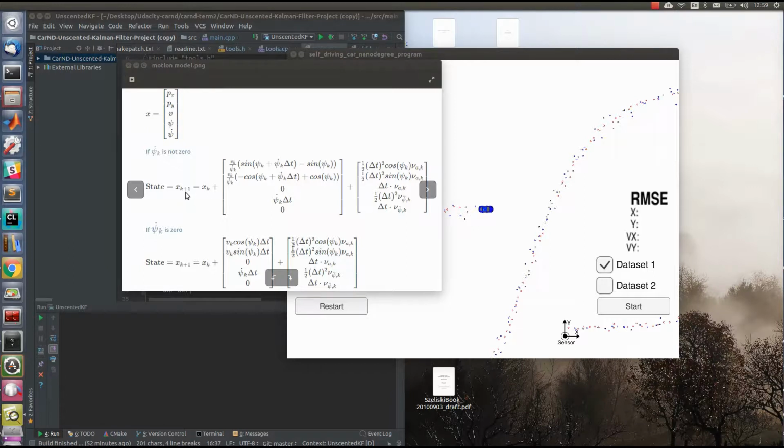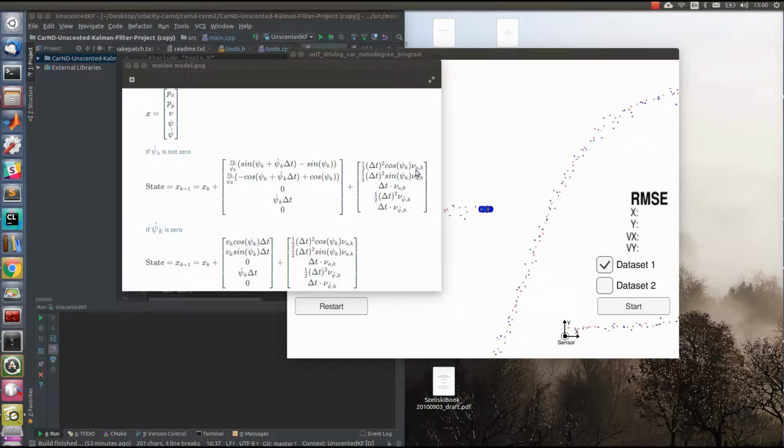The state x at time k plus 1 can be evaluated using these terms. Here we have two terms. This is the dynamic motion, and this is the additive noise. And here we suppose there are two types of noise: noise from velocity or acceleration, because we consider that it's a constant turn rate and velocity model.